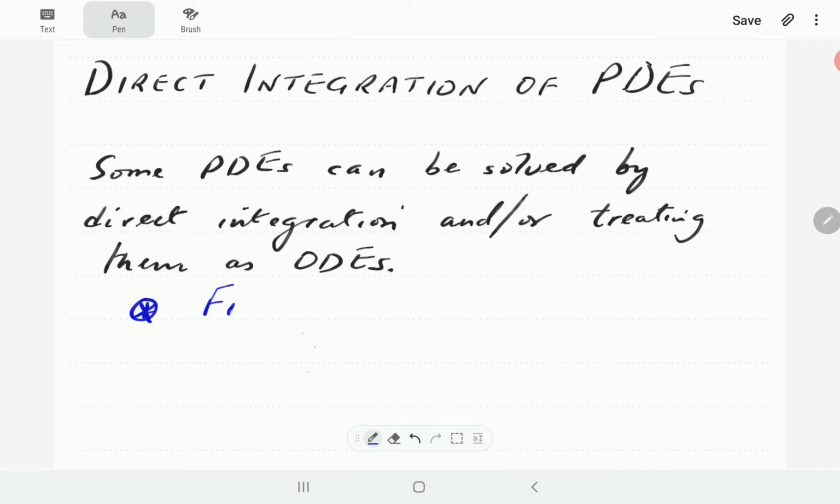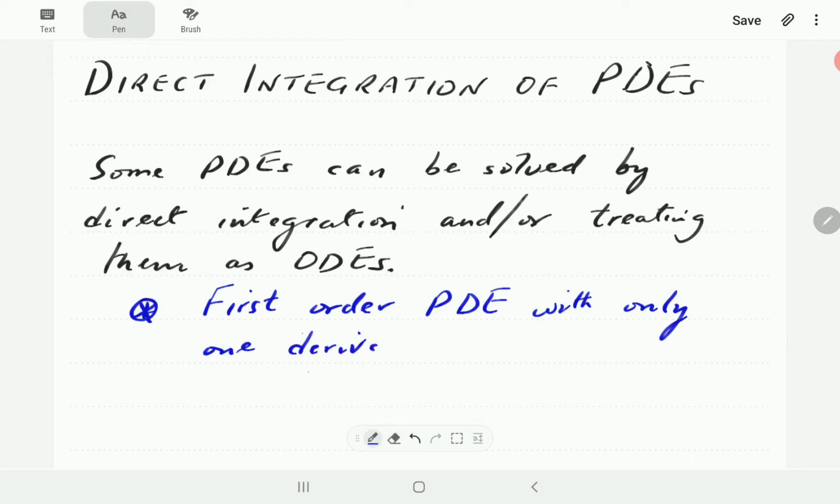Okay, first of all, first order PDEs where there is only one derivative term. Then these can be integrated as ODEs, so with only one derivative term.